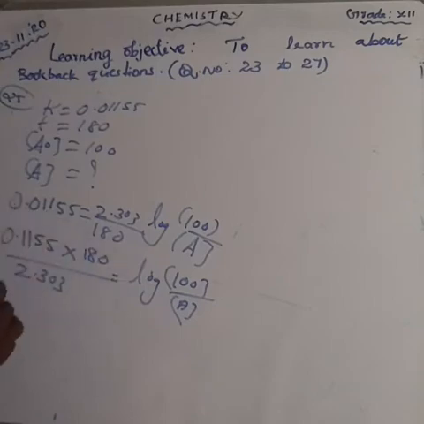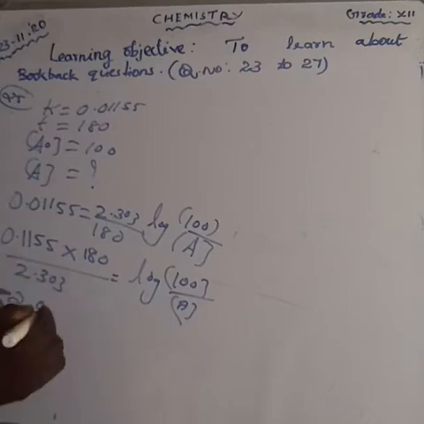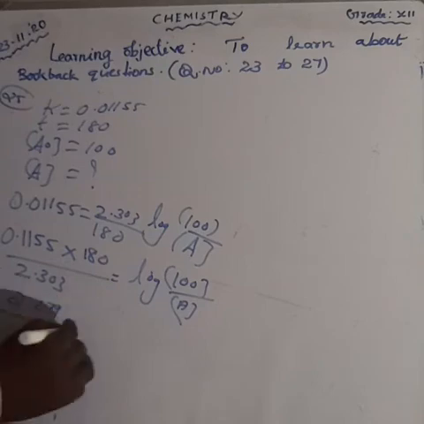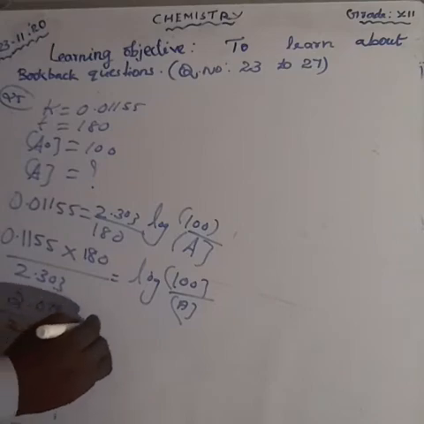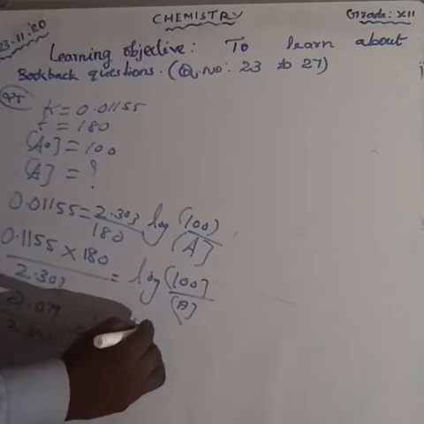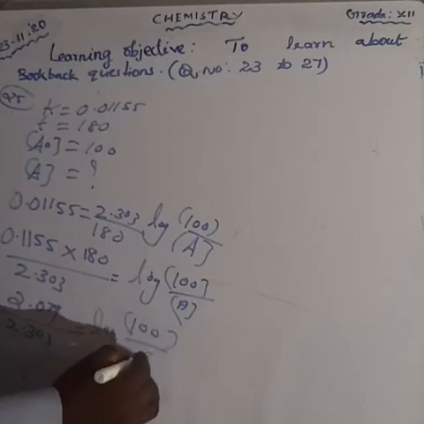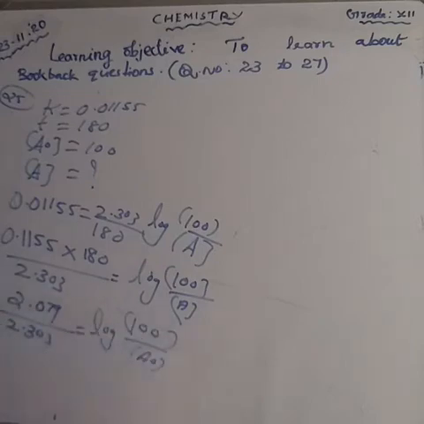So we have multiplied this: 0.01155 into 180 is approximately equal to 2.079. Divided by 2.303 equals log 100 divided by A. Okay, we also have to substitute 2.079 divided by 2.303.